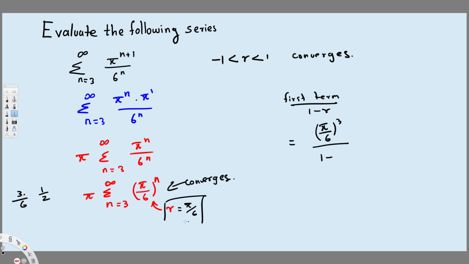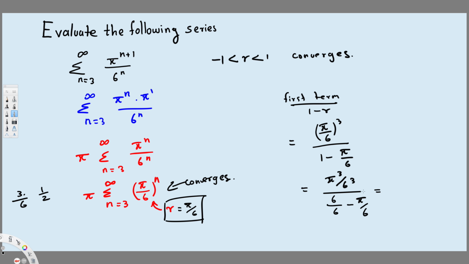We know the r value is 5 over 6. So this is going to be 5 cube over 6 cube, and instead of writing 1, we can write it as 6 over 6, the common denominator. So 6 over 6 minus 5 over 6.